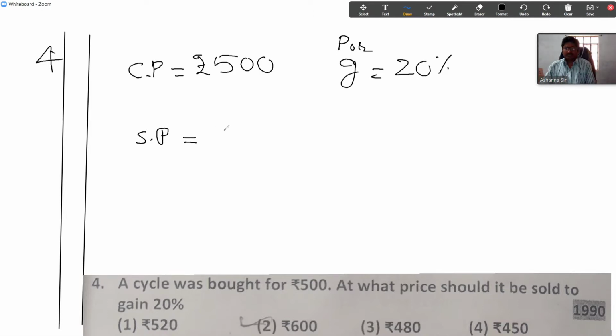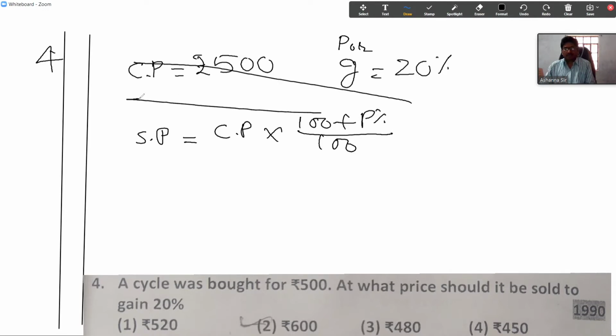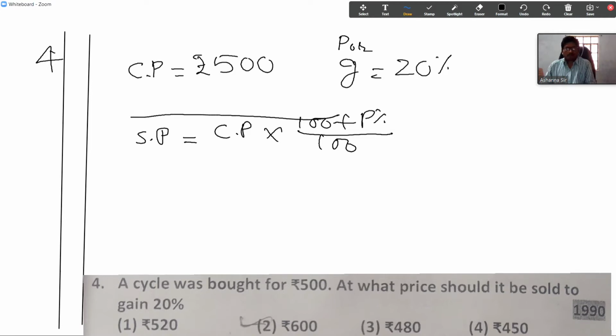Selling price is equal to cost price into 100 plus profit percentage by 100. This is the formula, children.